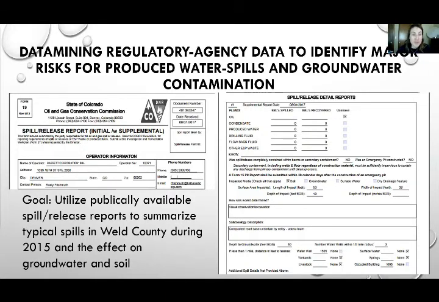These forms are fully available on the Colorado Oil and Gas Conservation Commission's website. Just for quickness, I'll call that COGCC.